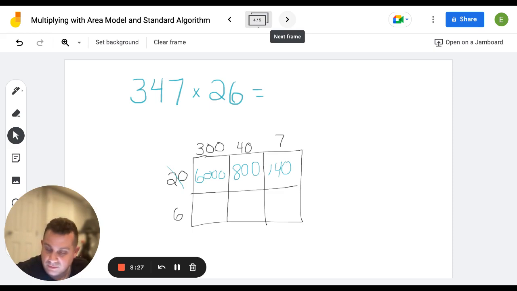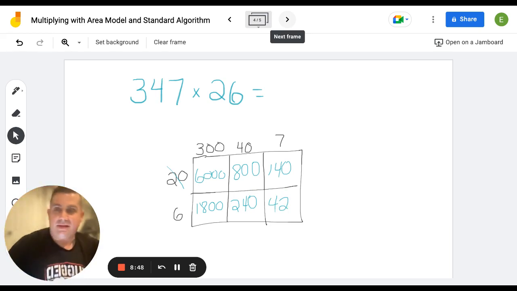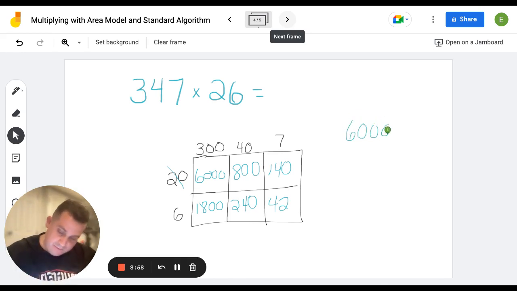Now 6 times 300. 6 times 3 is 18 with 2 zeros. 1,800. 6 times 40. 6 times 4 is 24. Add a 0. 240. And 6 times 7 is 42. So you will see this does add 2 more partial products, but I'm going to add everything up. I'm going to start with my 6,000.